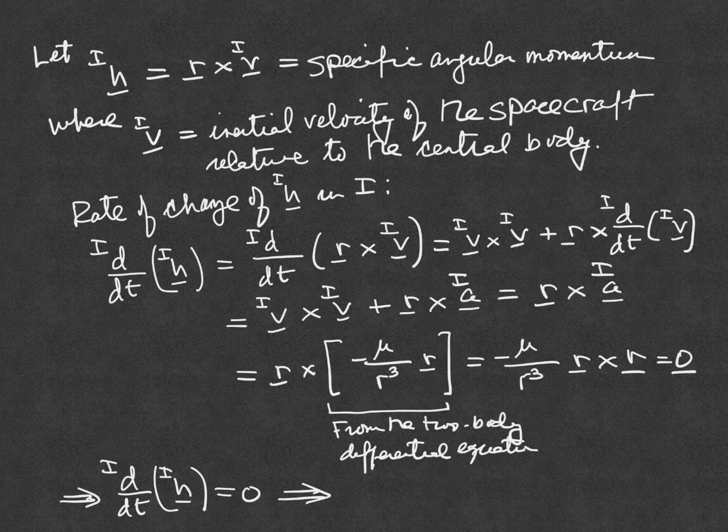That implies that HI is fixed in I. So we now have a vector that is fixed in I. Now let's look at a little bit more about properties of this vector that's fixed in I.